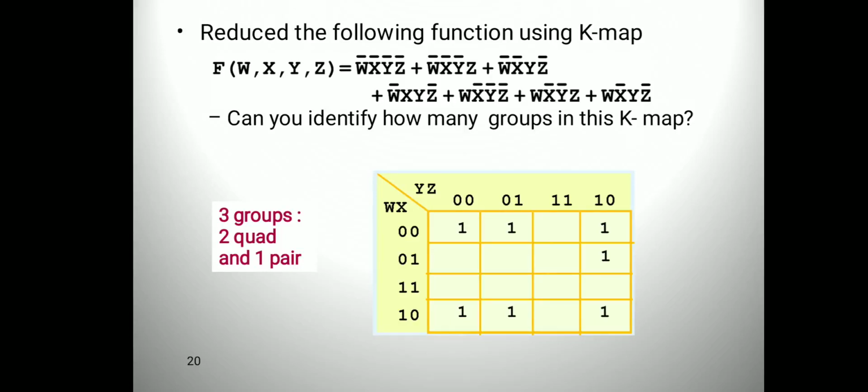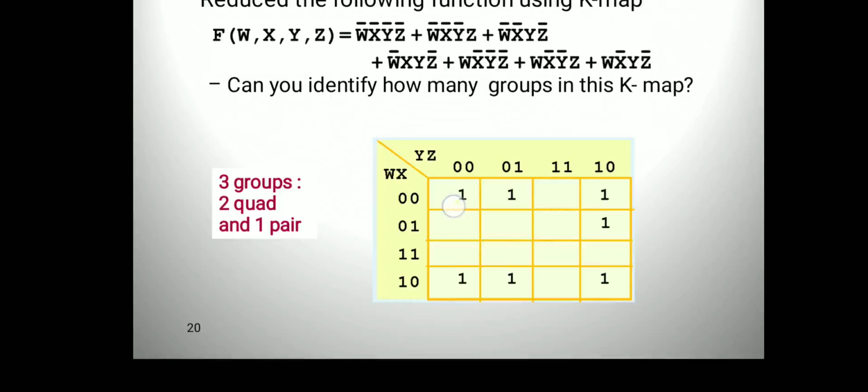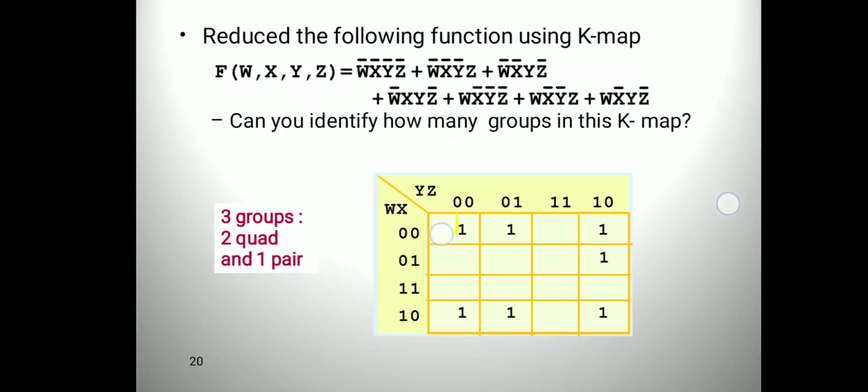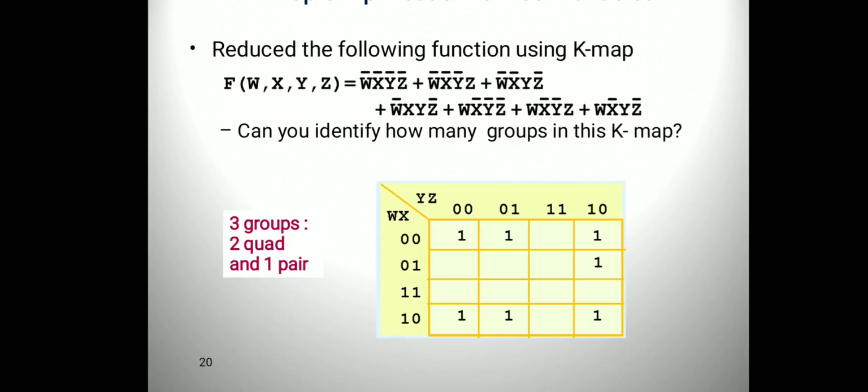In the first minterm, all the variables are in complemented form, means all variable values are 0. wx is 00, yz is 00. Therefore, this cell is represented by 1.